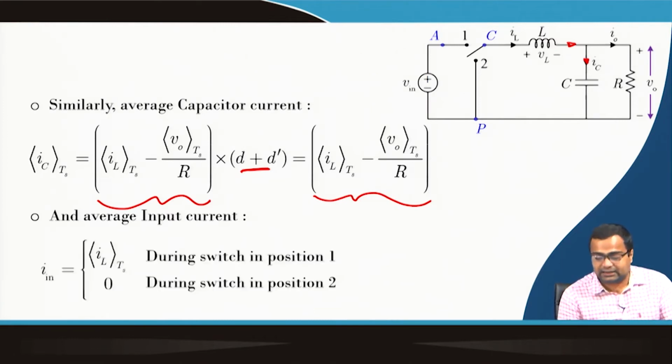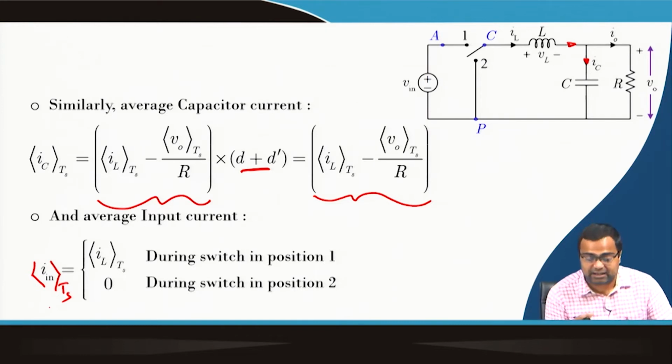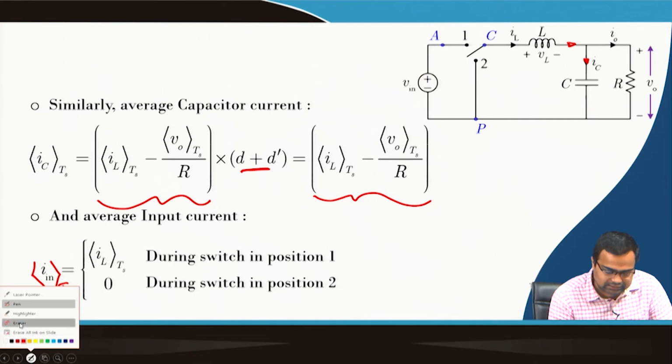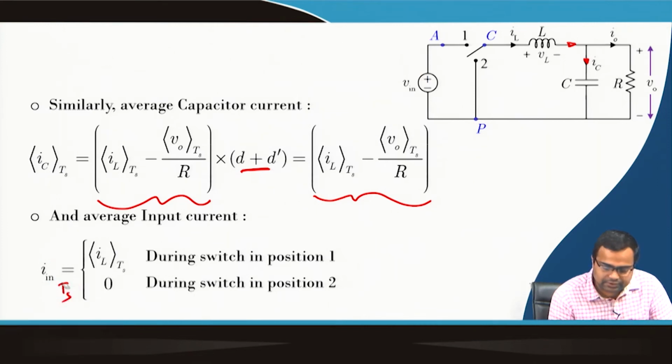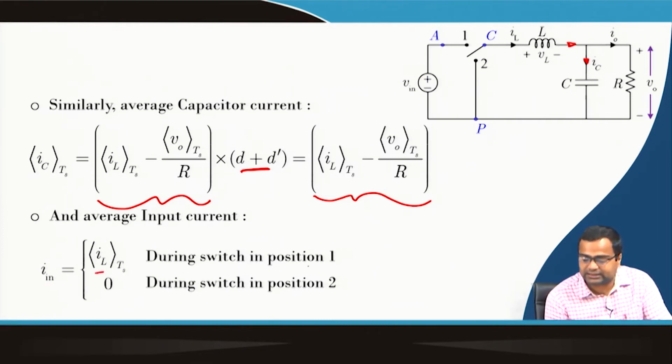Similarly, the average input current: we are talking about the average inductor current over this period. This is the input current when the switch is on, and it is the same as the inductor current when it is in position 1, and it is 0 when the switch is off.